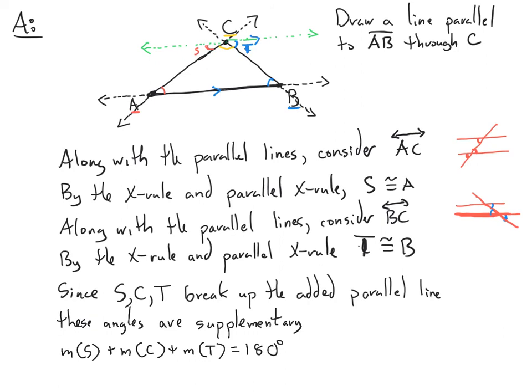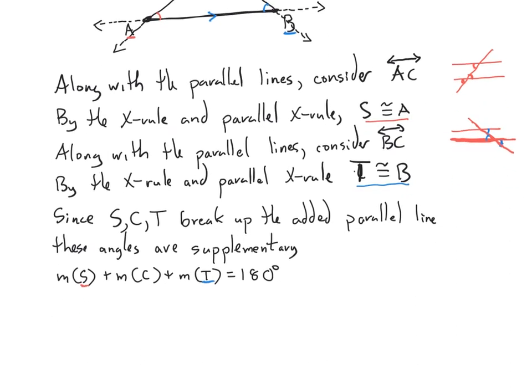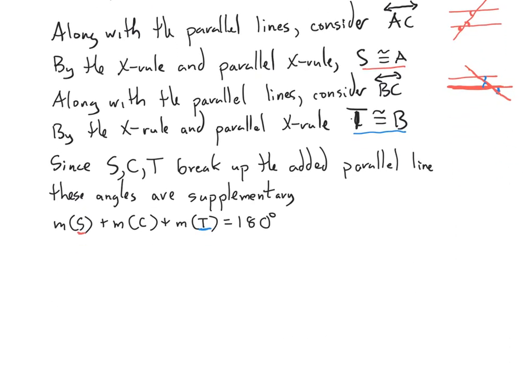So remember that S is congruent to A and T is congruent to B. Congruent means they have the same measure. So we just have to write that down and we have what we need.